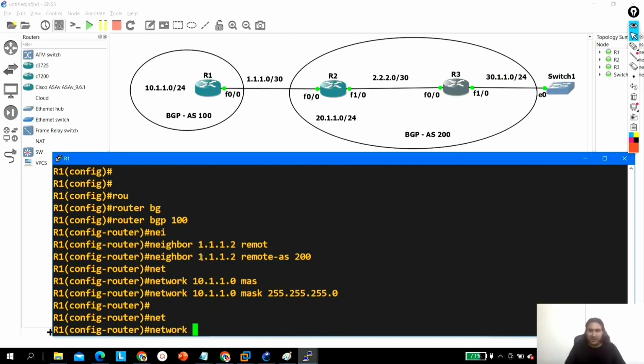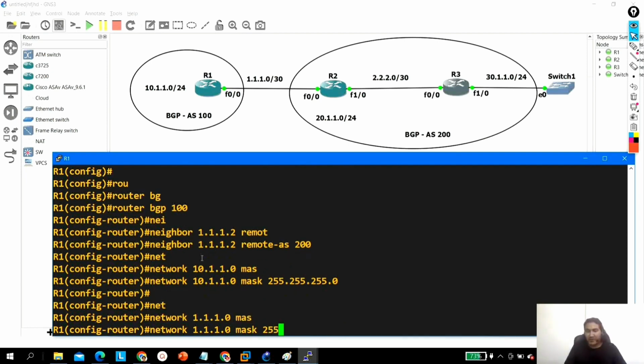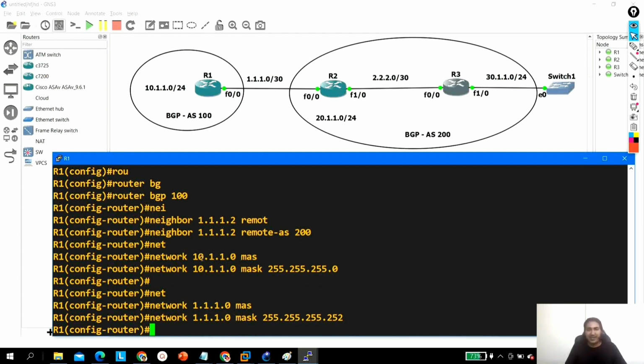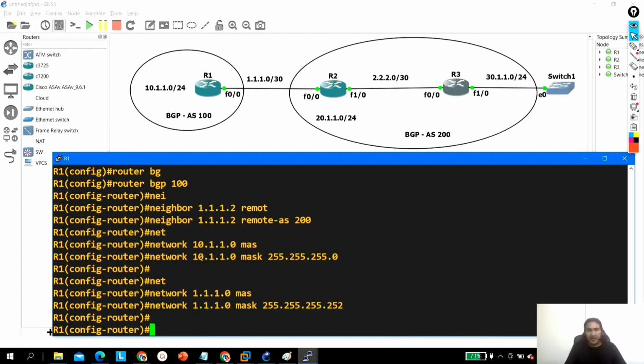After that network 1.1.1.0, and here the mask is 255.255.255.252 because I am using /30 to reduce the wastage of IP addresses. Now the BGP configuration on router 1 is done.